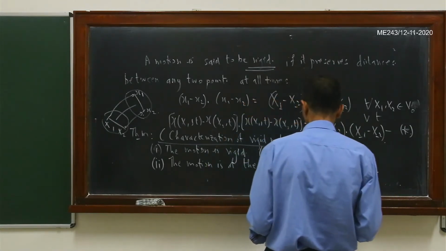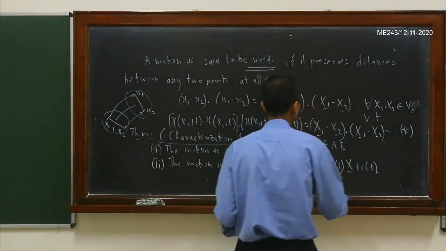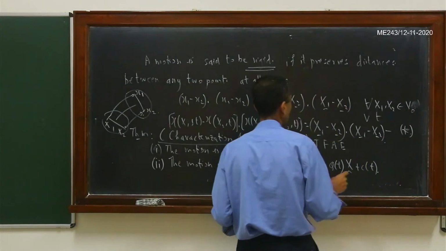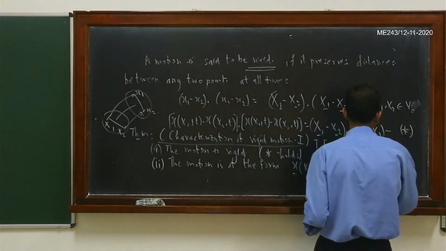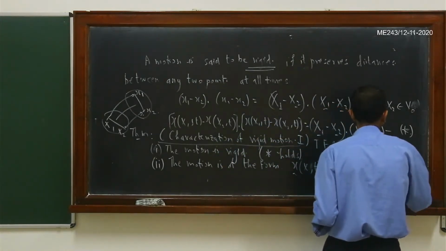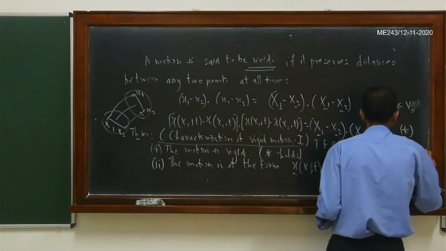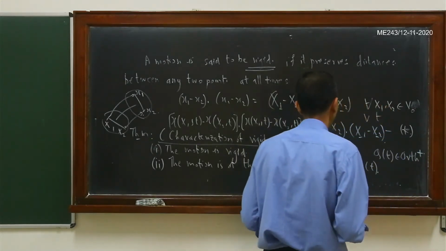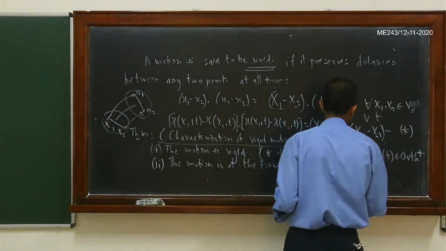And this Q is a proper orthogonal tensor, so Q of t belongs to R plus, and this c of t is just a vector.